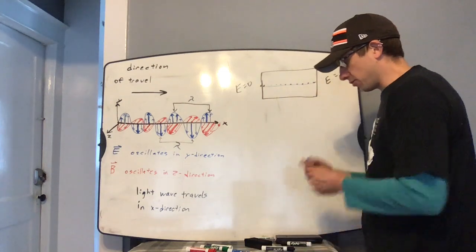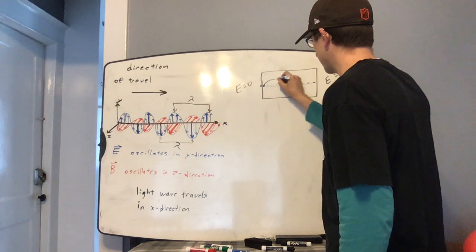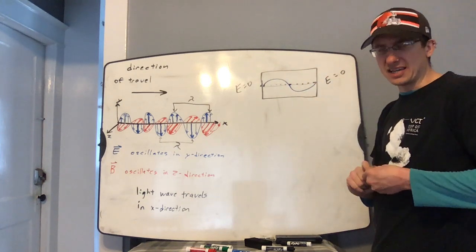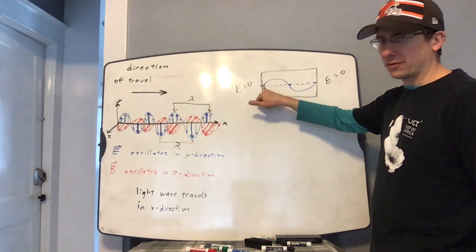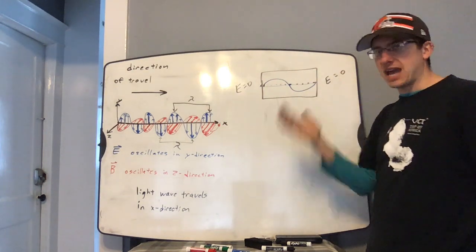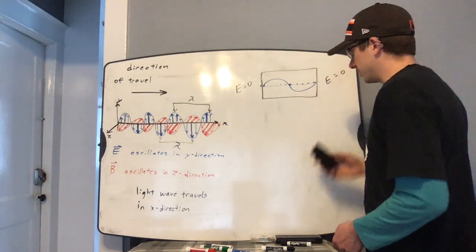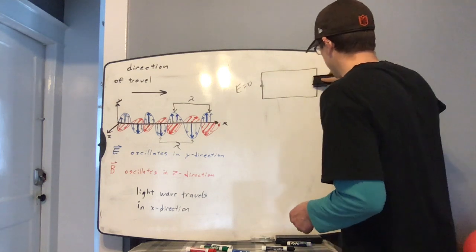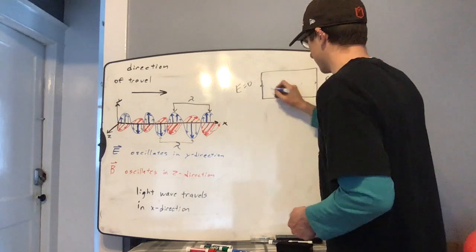Another possibility for the electric field is you could have something like this. If I have a single wavelength inside the cavity, I am satisfying the requirement that the electric field is 0 on the boundaries, so a wave inside my cavity like this is allowed. There is another possibility. Instead of having a wave inside the cavity like this, I could have two waves inside the cavity.